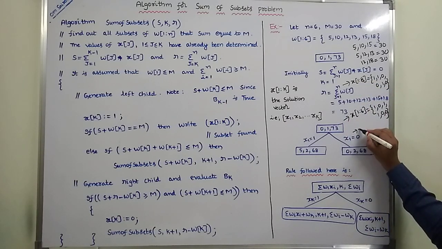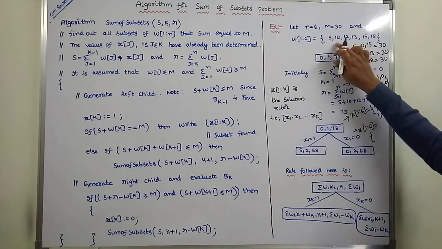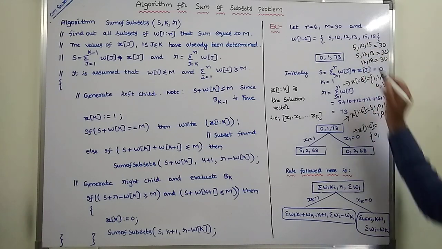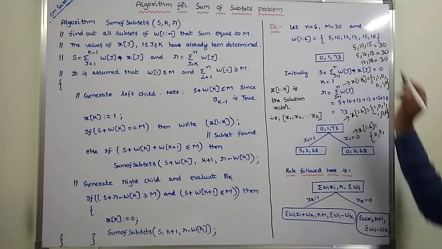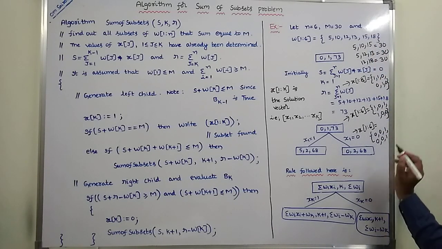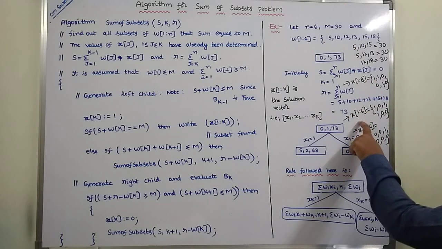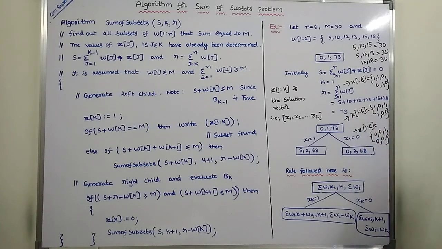Next, the third solution, x of 1 to 6, for 12 and 18: first object is not considered, second object is not considered, third object is considered, fourth not considered, fifth not considered, and sixth we have to consider. So this is one solution, this is another solution, this is another solution.